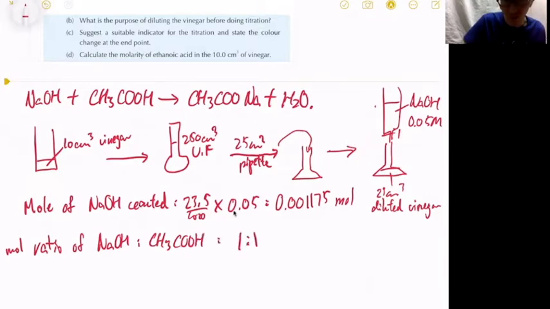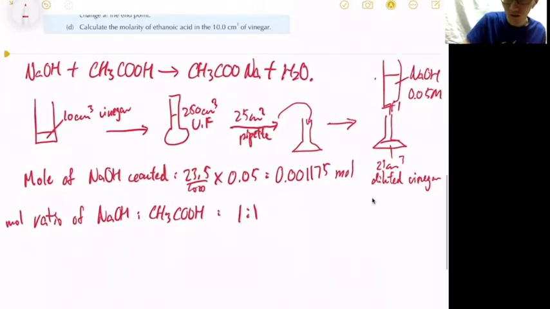And now we have used up 0.001175 moles of sodium hydroxide. It means that we also have 0.001175 moles of ethanoic acid inside 25 cm cube.